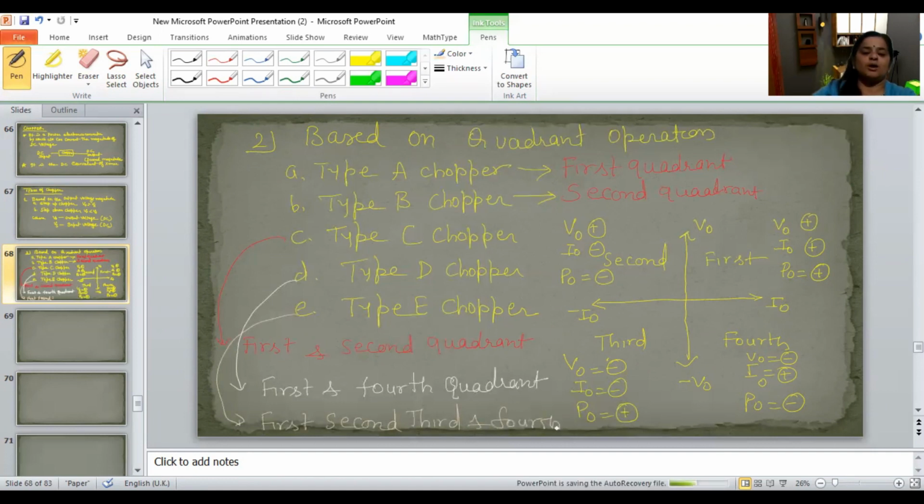So depending on the quadrant operation, that is, what magnitude and polarity of load voltage and load current we are getting, the choppers are classified based on quadrant operation.